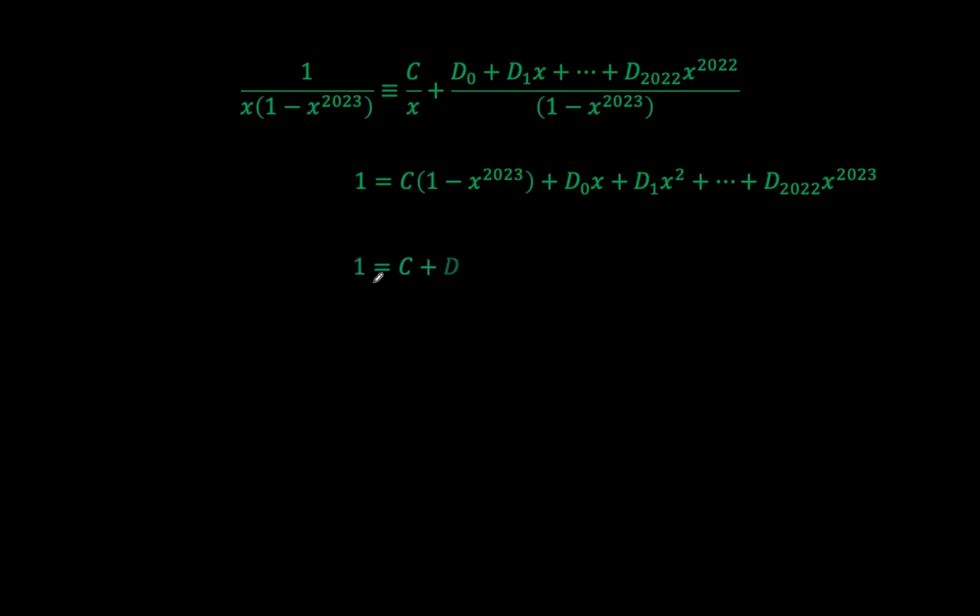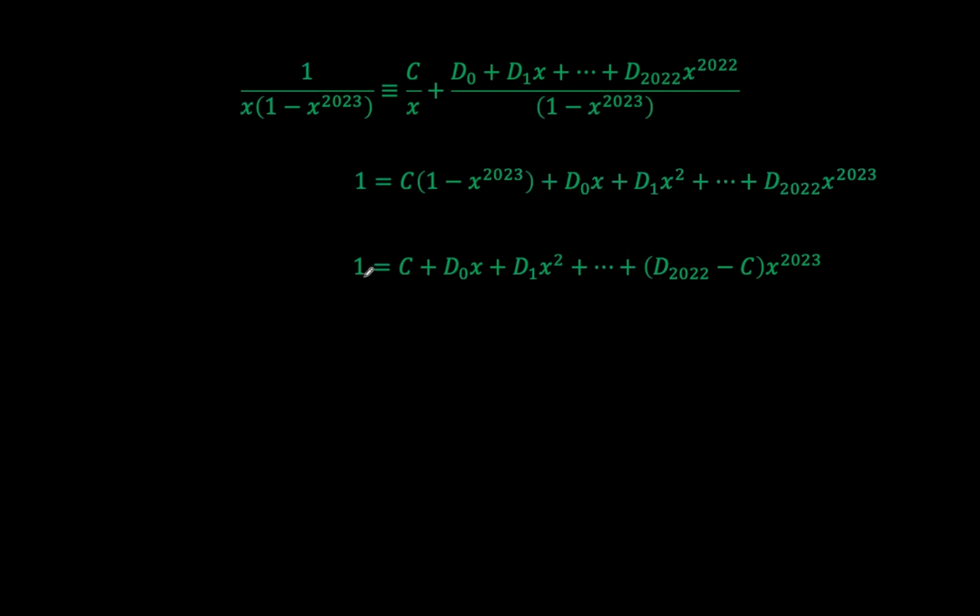Collecting like terms, we have 1 equals c plus d0 x plus d1 x squared, all the way up to d2022 minus c, since we've gotten this here. So this is d2022 minus c times x to the power 2023.